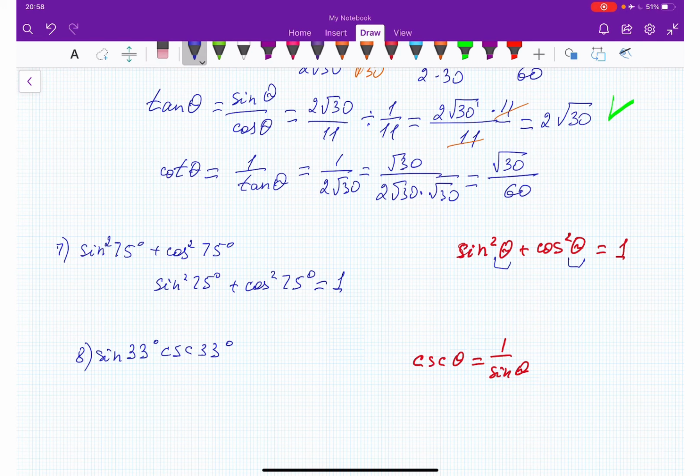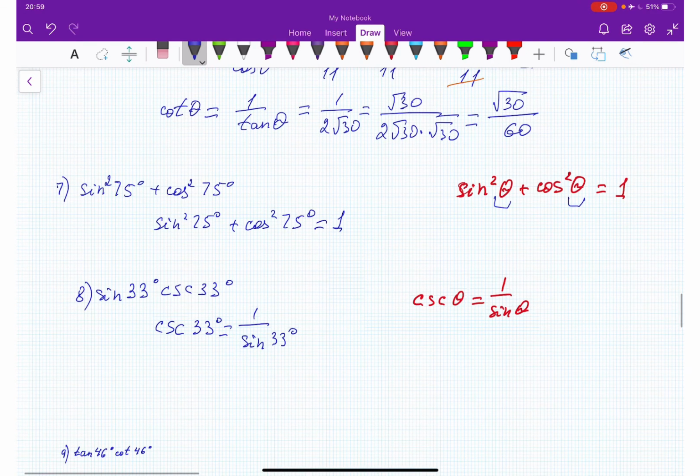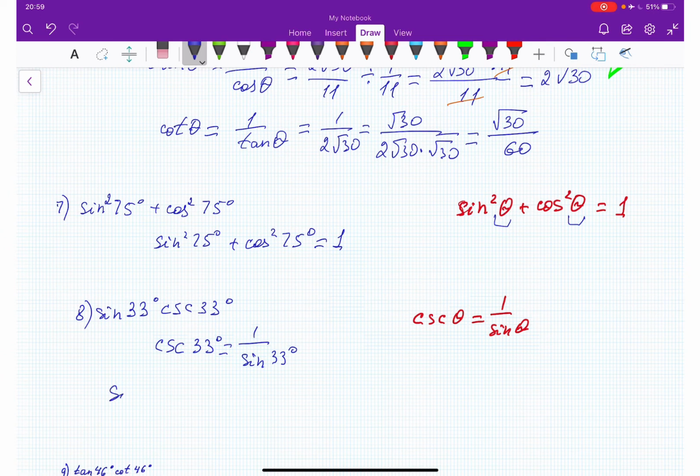So cosecant 33 degrees is equal to 1 over sine 33 degrees, right? So from here, I can write sine 33 degrees times 1 over sine 33 degrees, which is sine 33 degrees over sine 33 degrees, and that is going to be equal to 1. So the answer we are getting is 1.